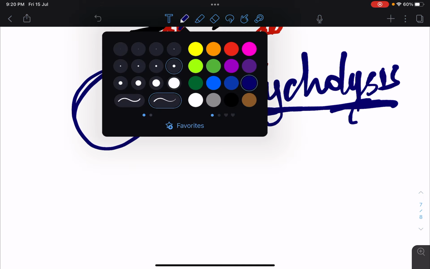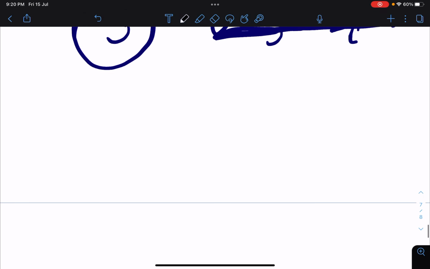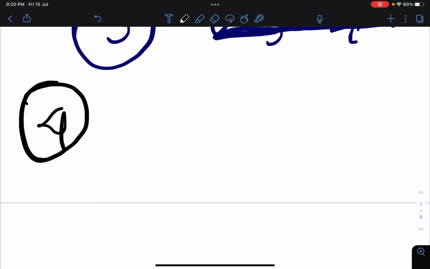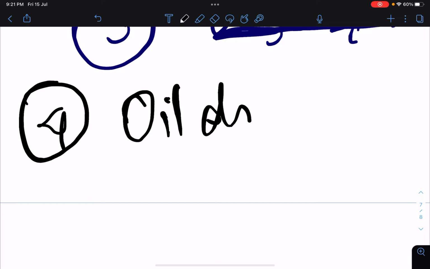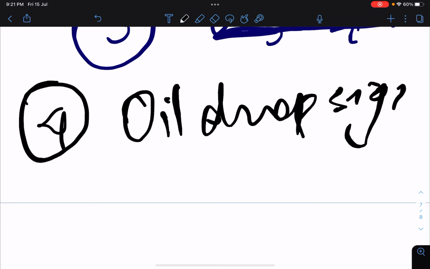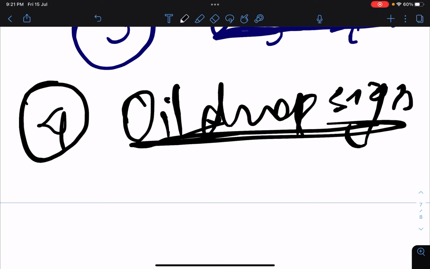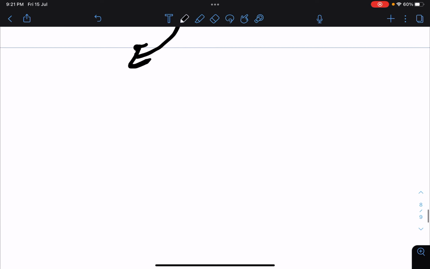Coming to the fourth very important feature of nail psoriasis, or in general psoriasis, that could be one of the markers, is something called an oil drop sign. Let me just explain the oil drop sign, and then I'll recap what all the other signs were.